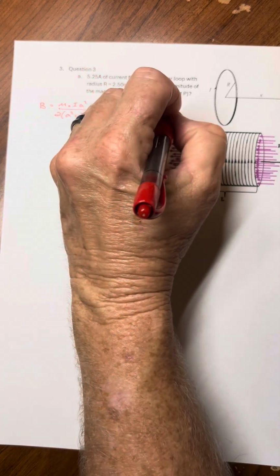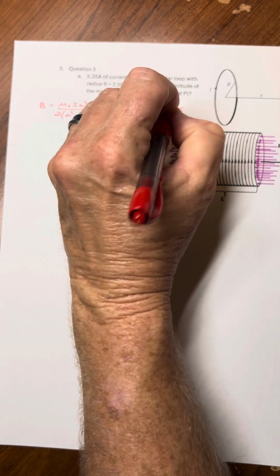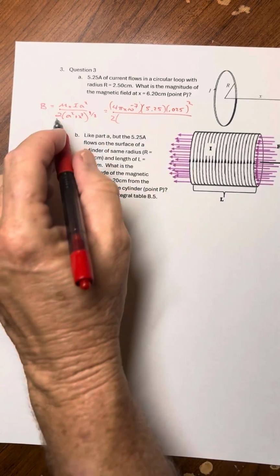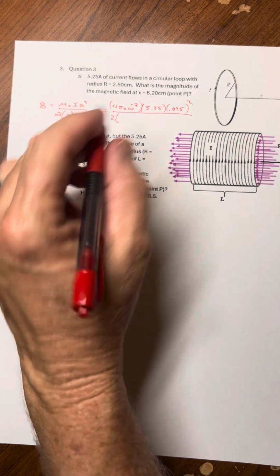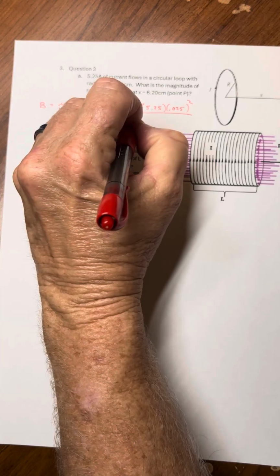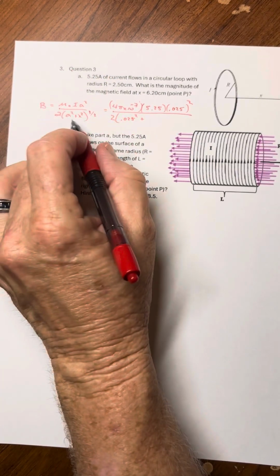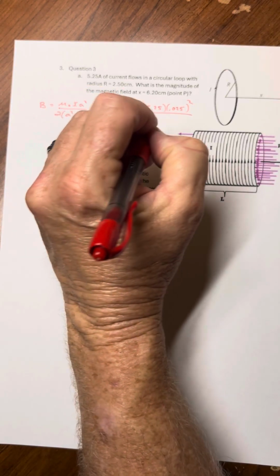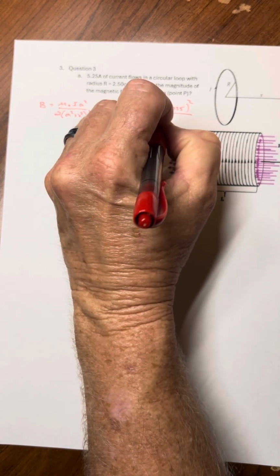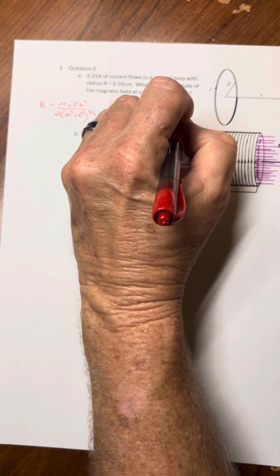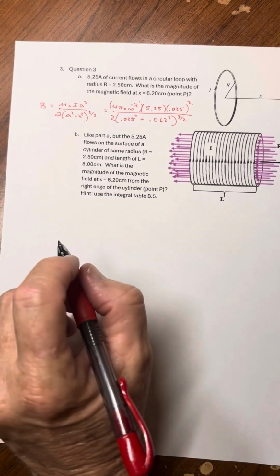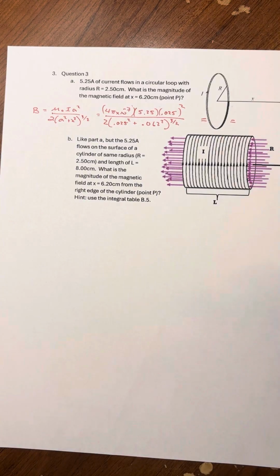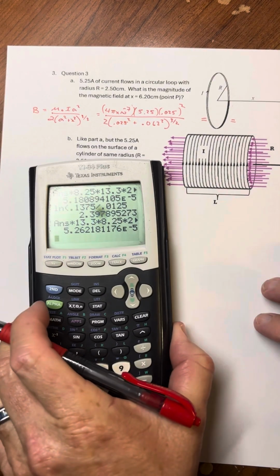The radius is 0.025 meters squared. Now there's the factor of 2. A is again that radius, 0.025 squared. And X is that distance out, again putting it in meters, 0.062 squared raised to a power of 3/2.